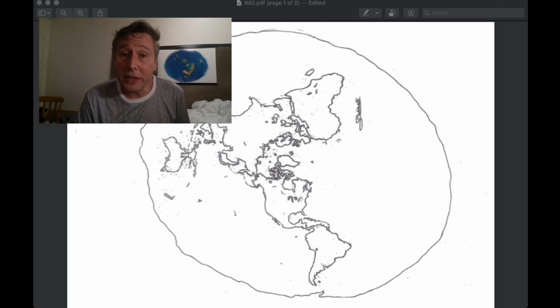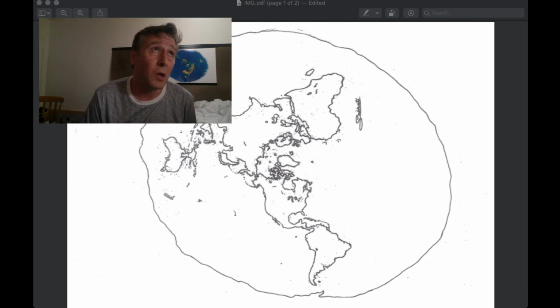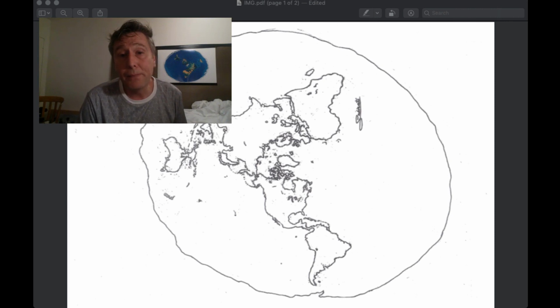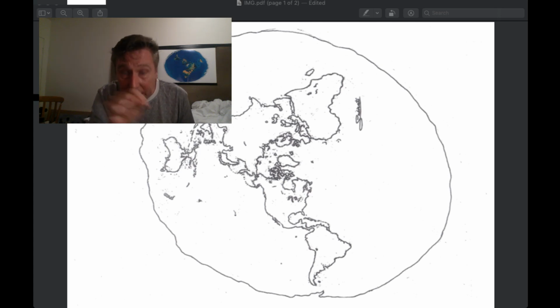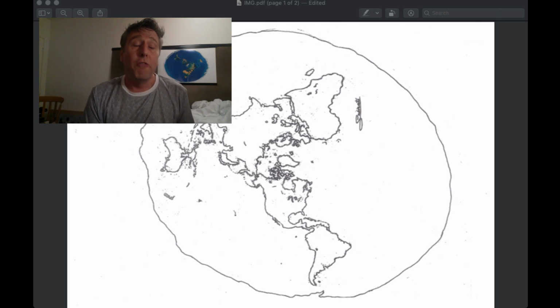If you look at the time it takes to sail from, say, Hudson Bay down to the Gulf of Mexico, and then see how long it takes to sail from Cape Verde to Brazil, you go, that's interesting. It's almost like they're very similar distances. Not according to the globe, they're not.